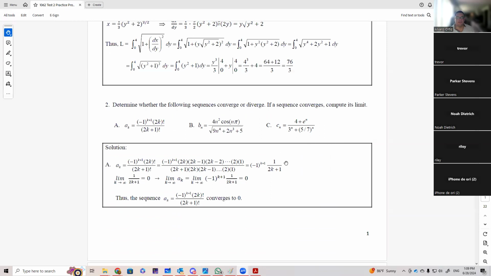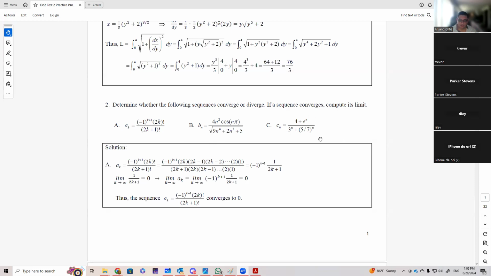Now, for sequences, you've got to be very careful because you don't want to confuse sequences with series. The sequences are not sums, they are just a certain amount of terms. And then after that, you just take the sum of those terms. For example, here we want to determine for the sequence if it's convergent or divergent.